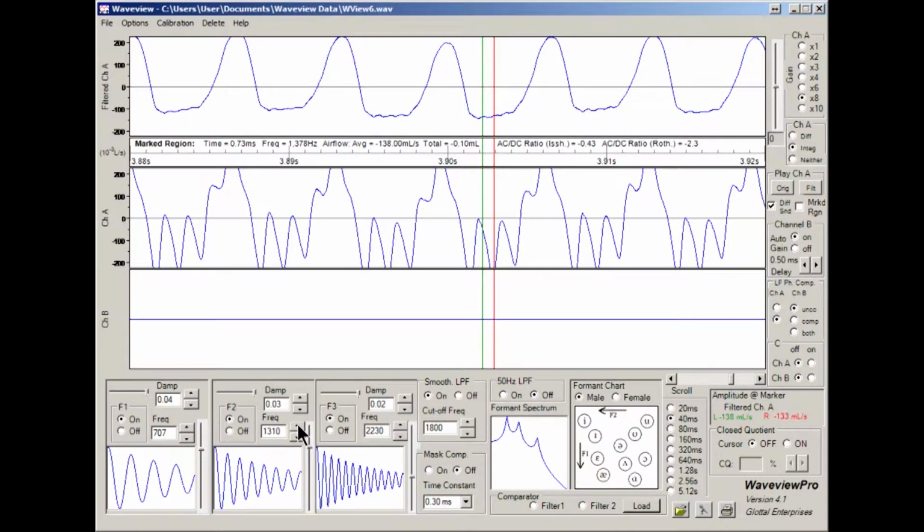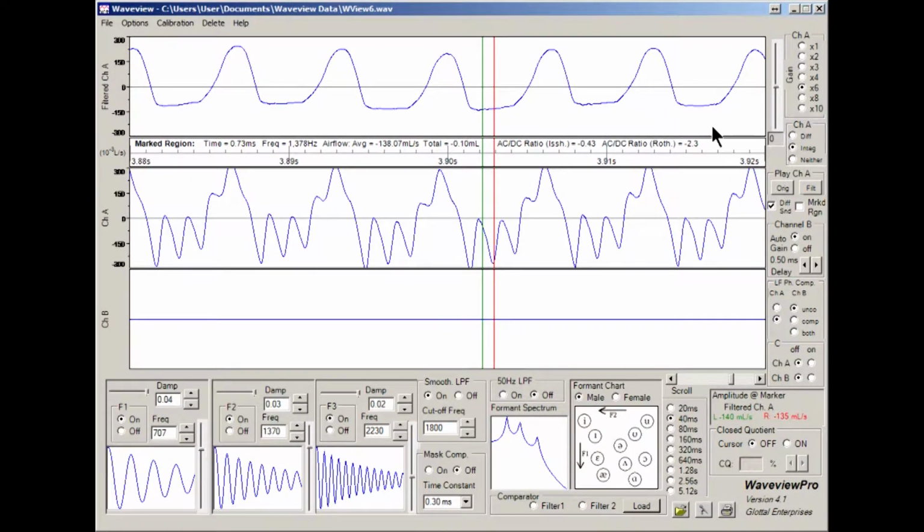And that takes out the second formant. And so we have a waveform which is similar to the one for the first vowel, because the glottal airflow is not much affected by which vowel you have.